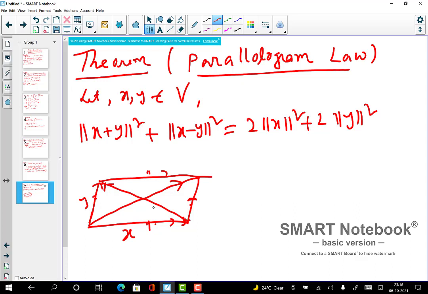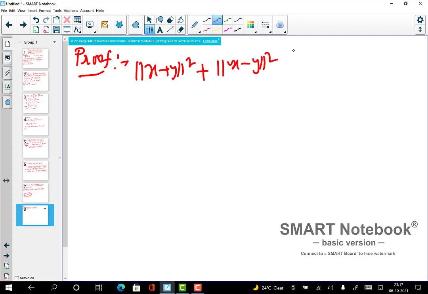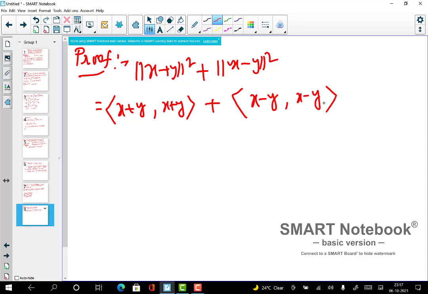Anyway, how do you prove this? The proof is also not so difficult. You start with the norm of x plus y square plus the norm of x minus y square, which is equal to the inner product of x plus y with x plus y, and here you will have x minus y with x minus y.